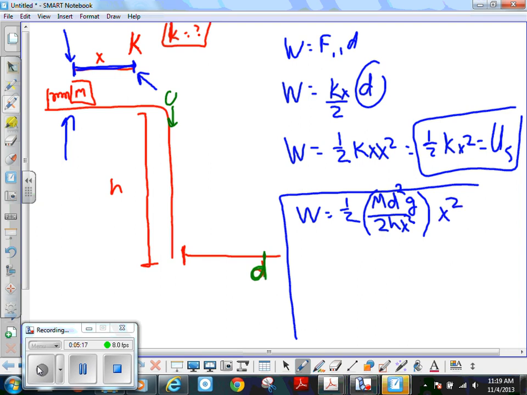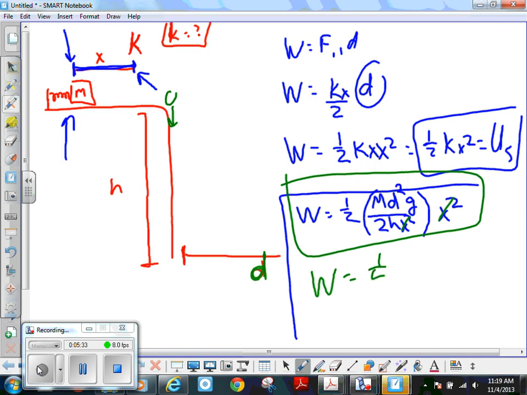That would be the non-simplified version of work, which would get you your 5 on your AP test. But you could just cancel this out if you wanted to. Work then is 1/4 md squared g over h. You can put it like that too.